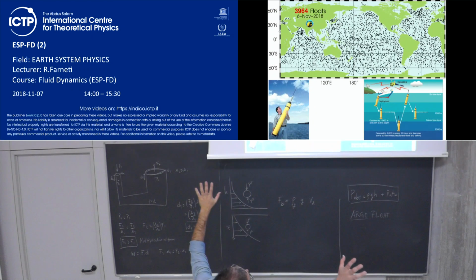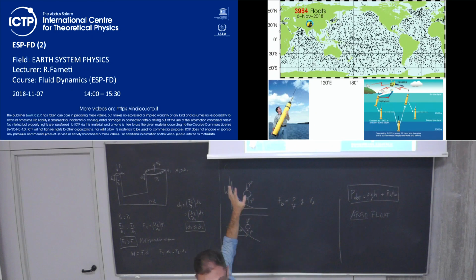And so you get all those Argo floats that are right now drifting in the ocean, using buoyancy and the hydrostatic balance principle and statics. All those simple fluid mechanics principles and a lot of electronics go into this powerful instrument for measuring the ocean, which actually changed the way we do oceanography.